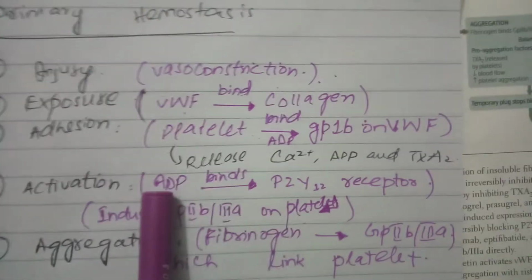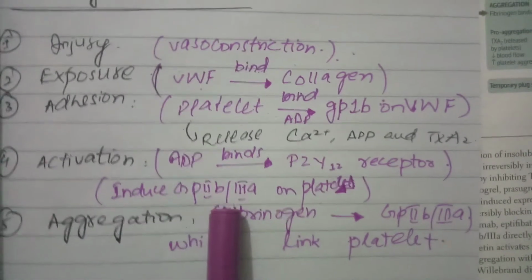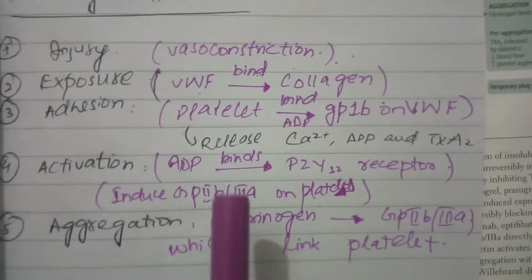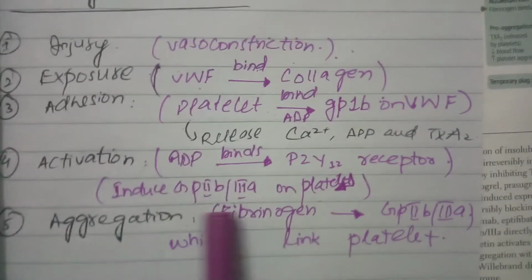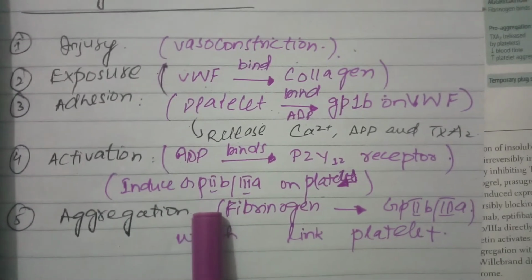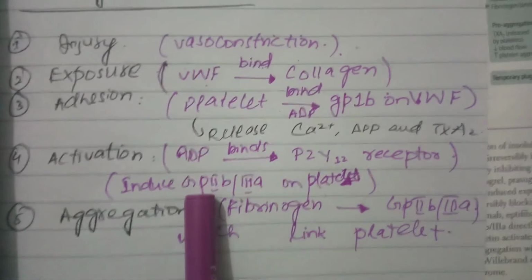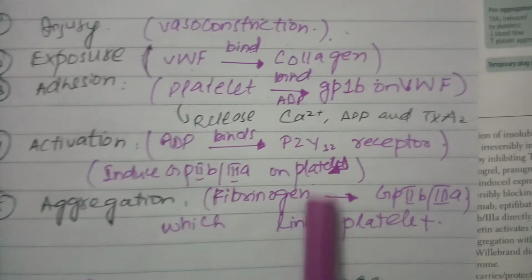Now this message, ATP, what will it do? It will induce GP2B3A on platelets. That means it will give a holder to the policeman, so that he can hold a stick. And what will that holder do? That holder, that means GP2B3A, will hold the flag. Flag means fibrinogen.